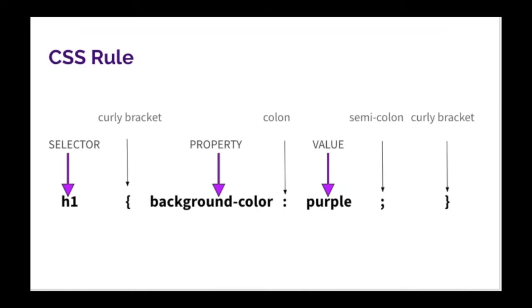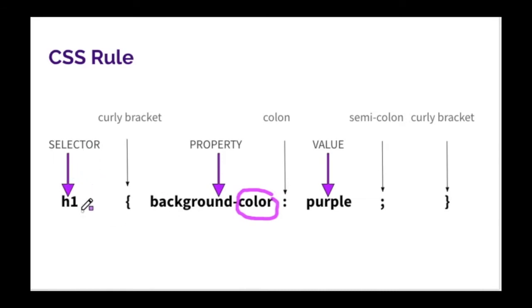It's important to note that the word color is using the American spelling of the word. It's always C-O-L-O-R, and it will not work if you use the Canadian spelling C-O-L-O-U-R. So that's something to be careful of.